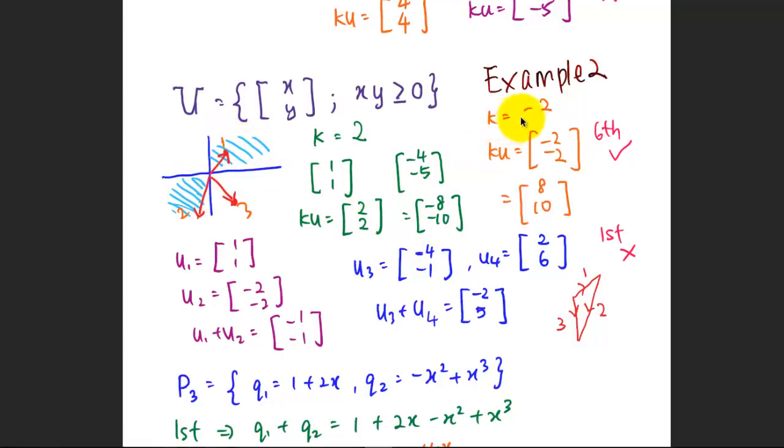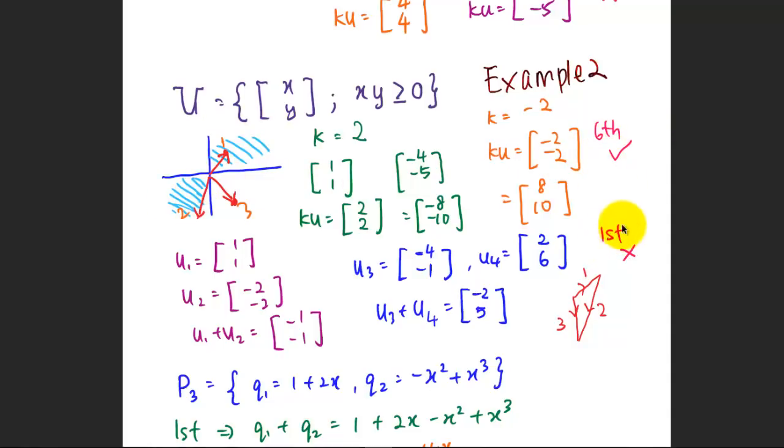When I multiply it with a negative value, let's use the 1, 1 here as the u, I get -2, -2, which is within the region here. And for the member -4, -5, I get 8 and 10, which is in the first quadrant. So it seems like the scalar multiplication will give you new members which are still within the region here, and I say that the sixth axiom is fulfilled.